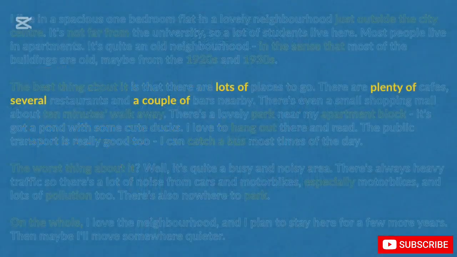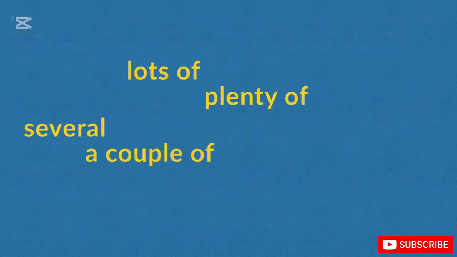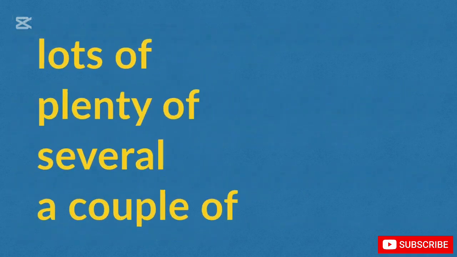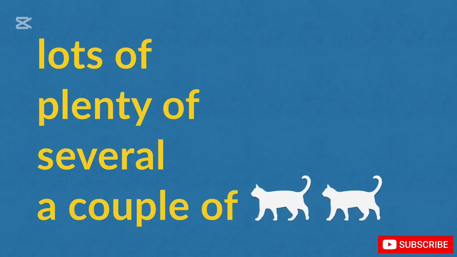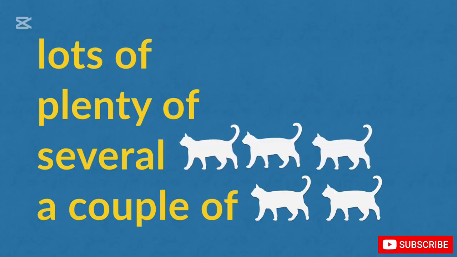I also use some language for talking about the quantity of things in my neighborhood. So lots of, plenty of, several, a couple of. A couple of is just two. So here are two cats. A couple of cats. Several is similar to some.